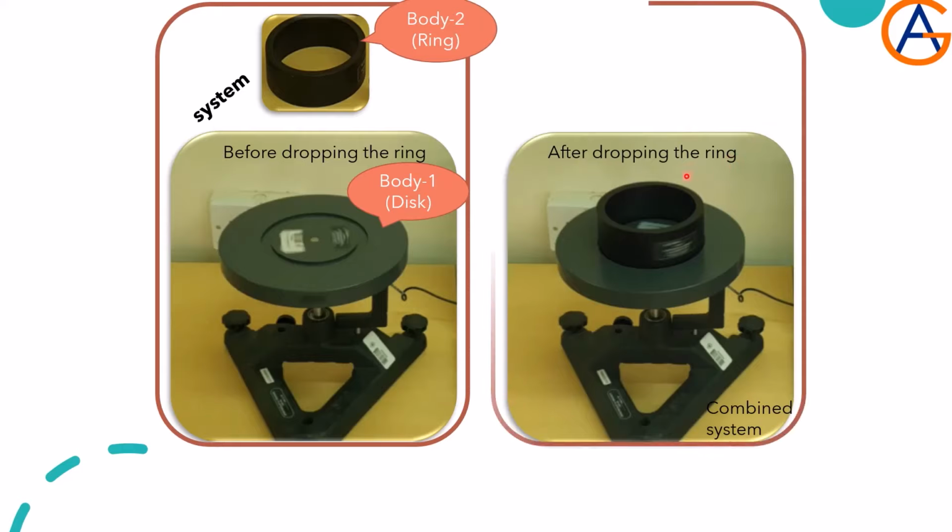Before and after studies. So it's like an inelastic collision. This is before the collision, this is after the collision. Like this way we have to study, very easy. Let's start.